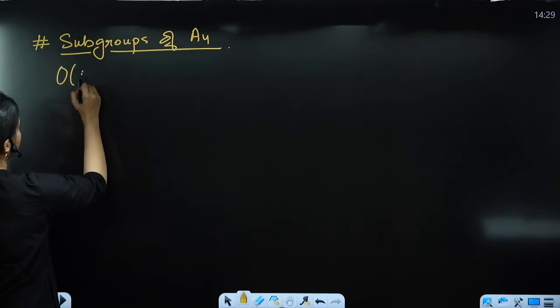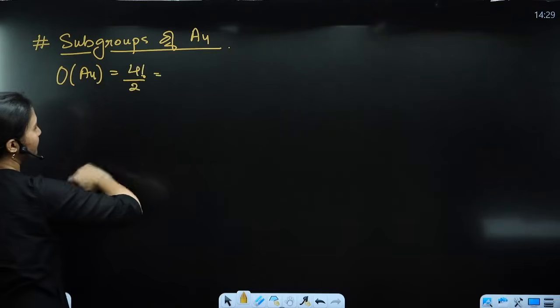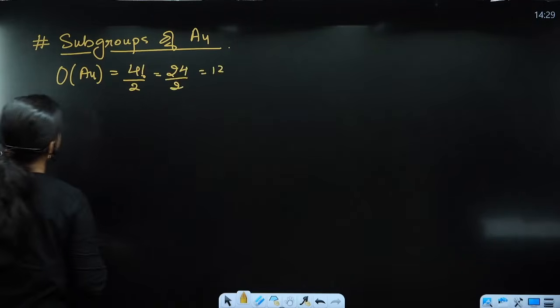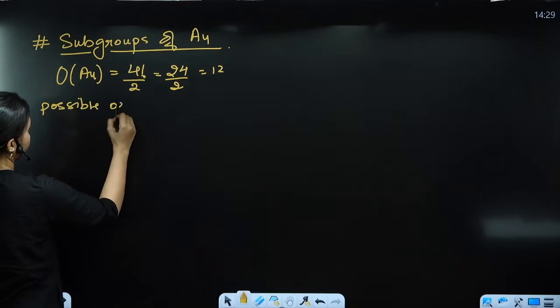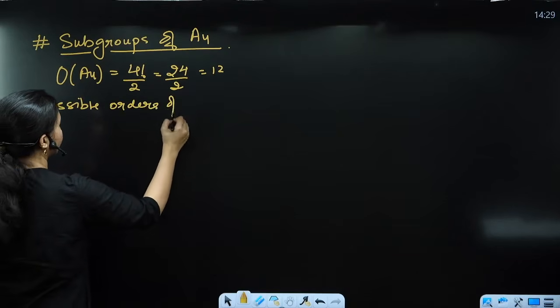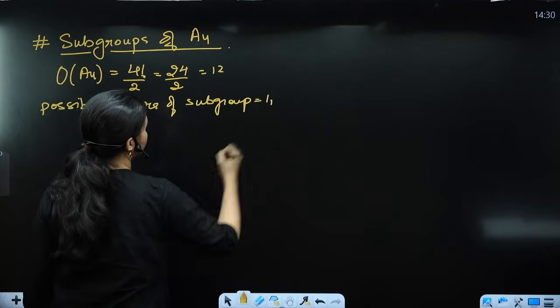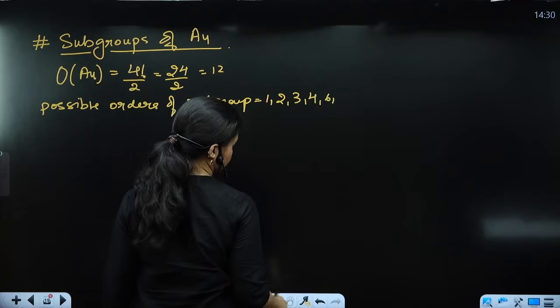So the order of A4 is 4 factorial divided by 2, that is 24 divided by 2. Possible orders of subgroups are 1, 2, 3, 4, 6, right?